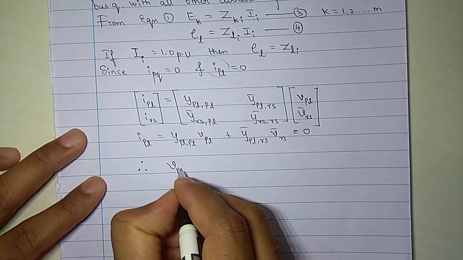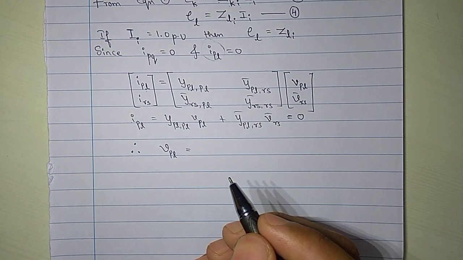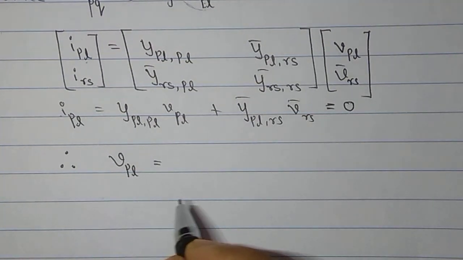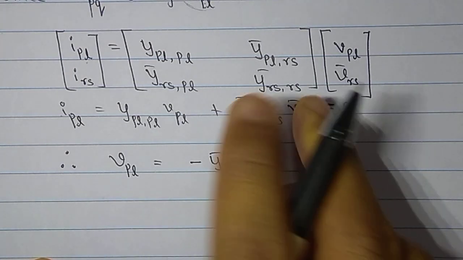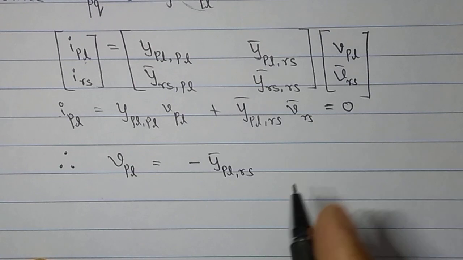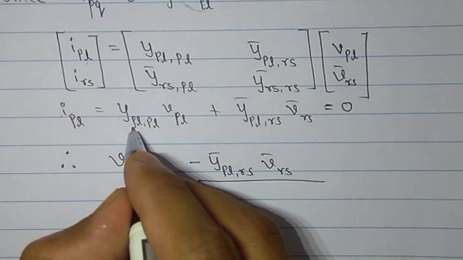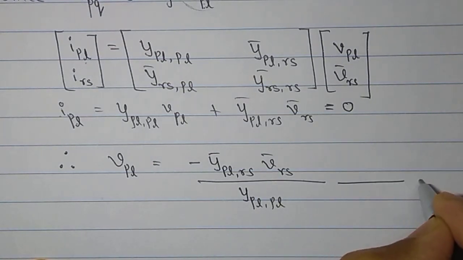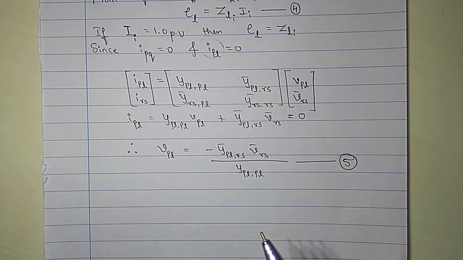So VPL is equal to minus YPL comma RS into VRS whole divided by this term YPL comma PL. I am shifting this one to the right hand side. I'll name this as equation number 5. Hope you are understanding this. This is just a simplification, nothing much.